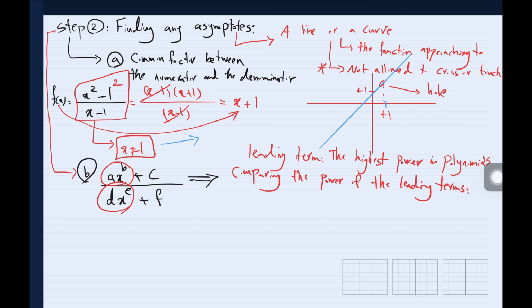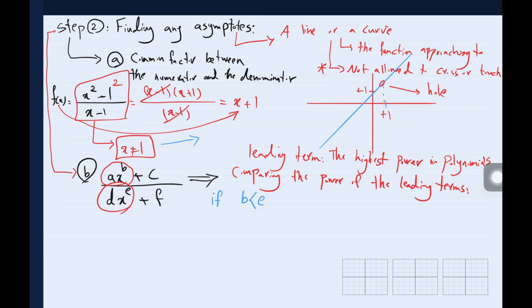So if b is smaller than e, it means the power of the leading term in the numerator is smaller than the power of the leading term in the denominator.